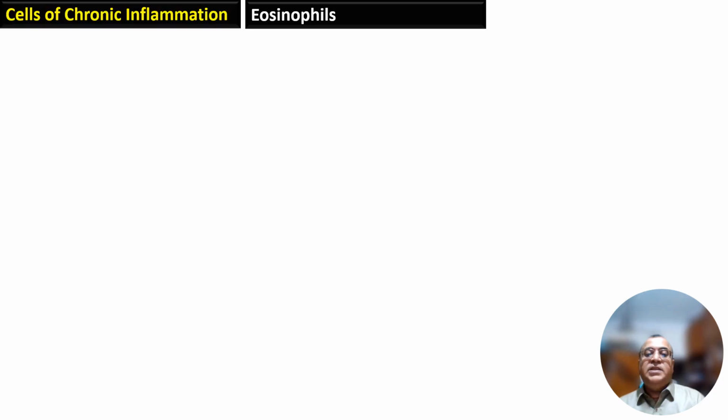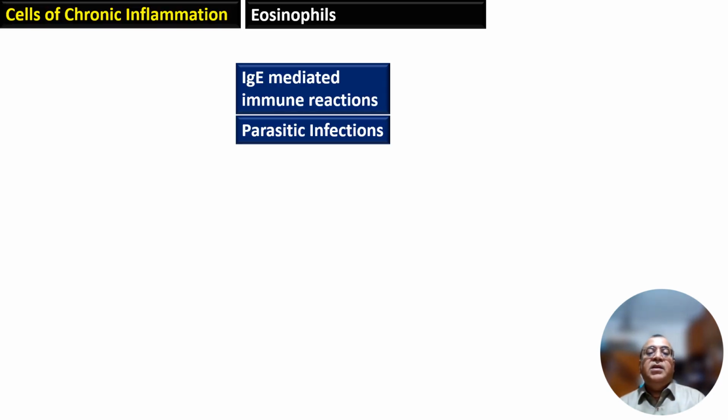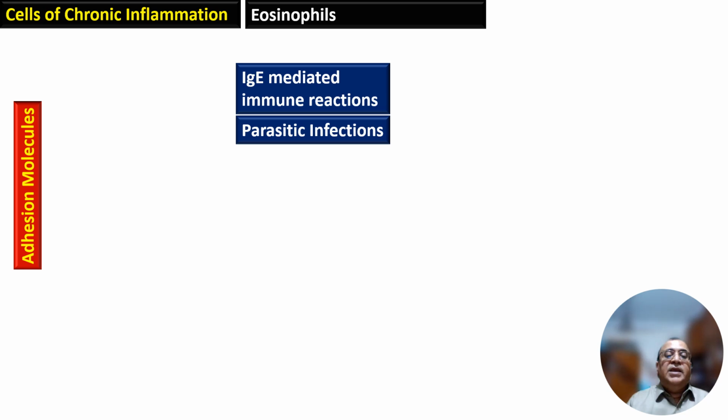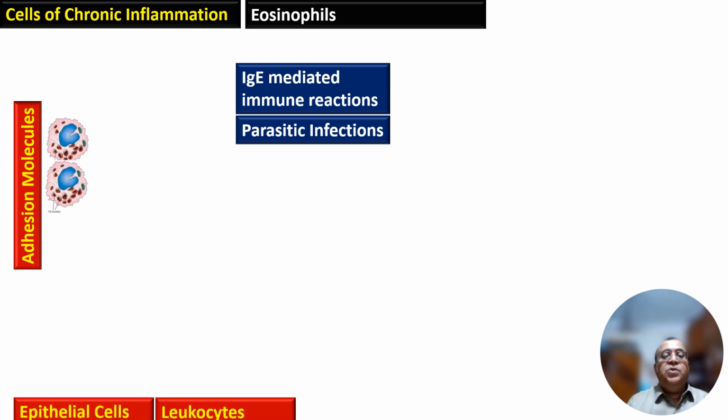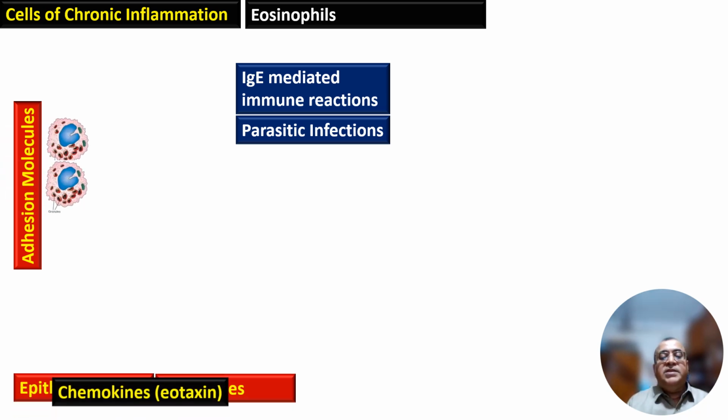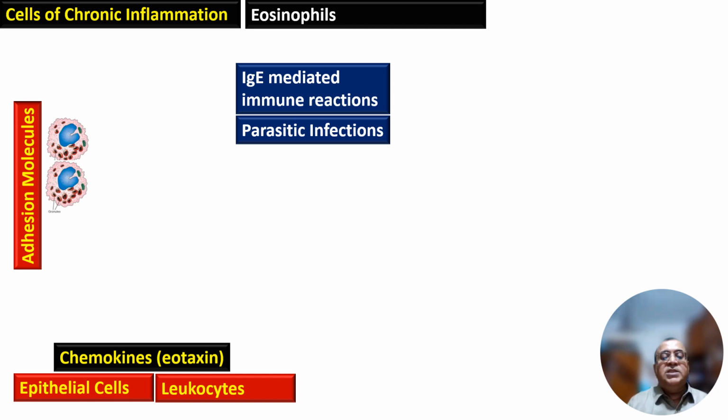So eosinophils have been implicated in IgE mediated immune reaction and parasitic infection. They express various adhesion molecules, and simultaneously there are chemokines, especially eotaxin for eosinophils, and other ligands expressed on the epithelial cell and leukocyte.